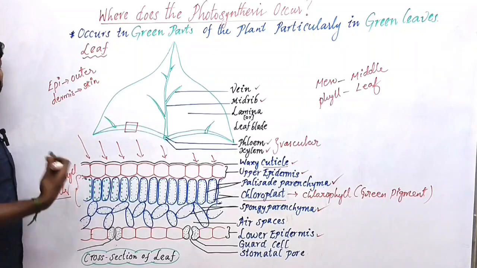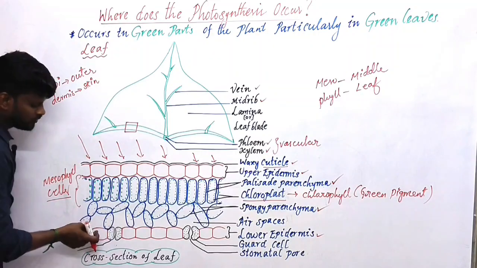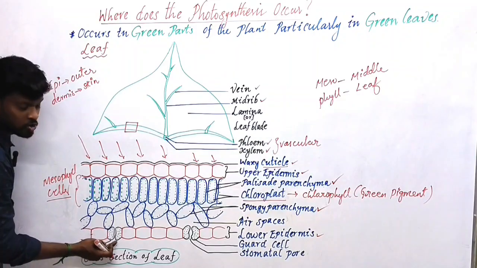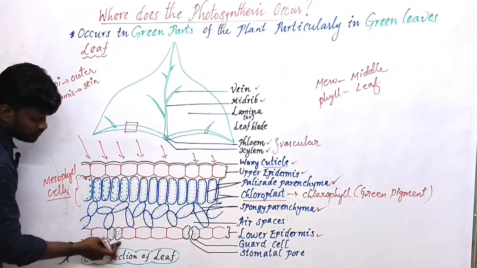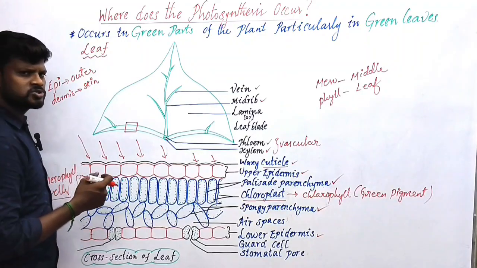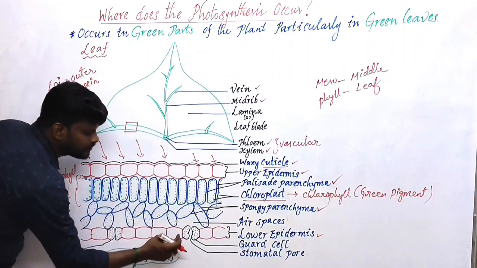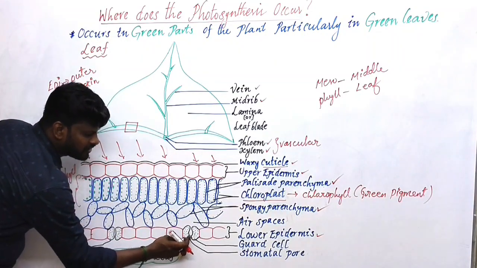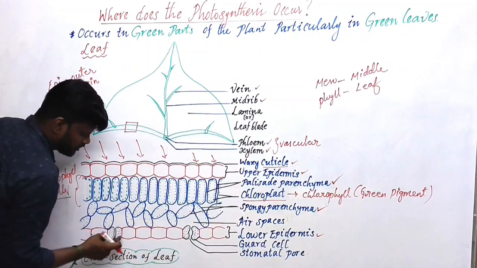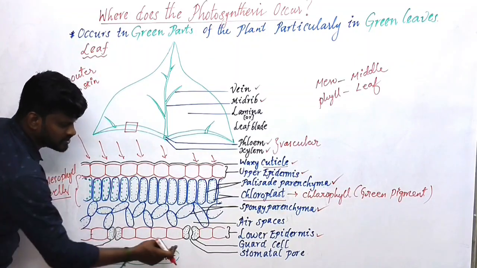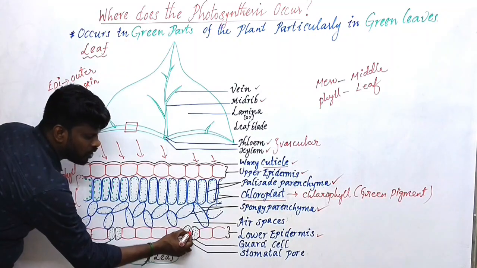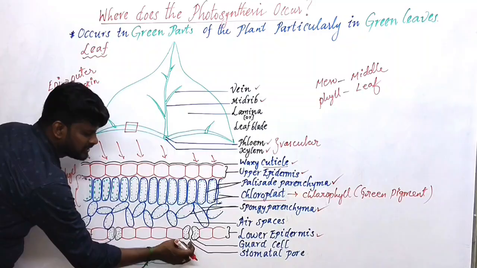Right. So another very important thing I want to tell you in the epidermis is the stomata. See here you can see one stomata and another stomata here. The stomata consists of guard cells. See, on both sides I have given bean-shaped guard cells, right? So these two are guard cells. Between these two guard cells we have a small opening or pore.